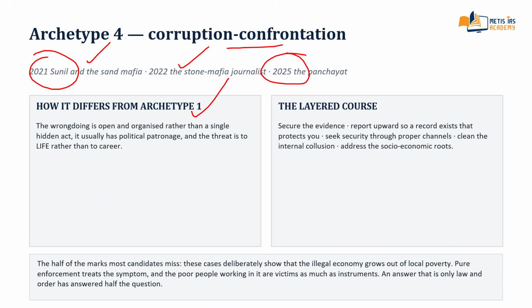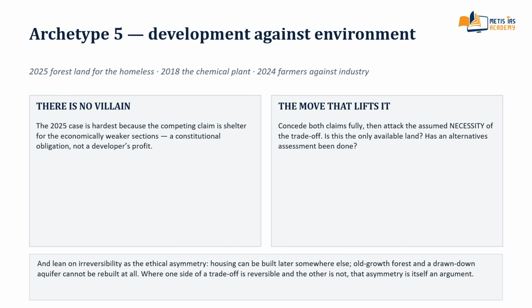Officer and witness protection, fixed tenure, an enforcement task force insulated from local capture, internal vigilance to break staff collusion, real-time digital audit and reconciliation in the fund disbursement system, and livelihood alternatives that dry up the labor.